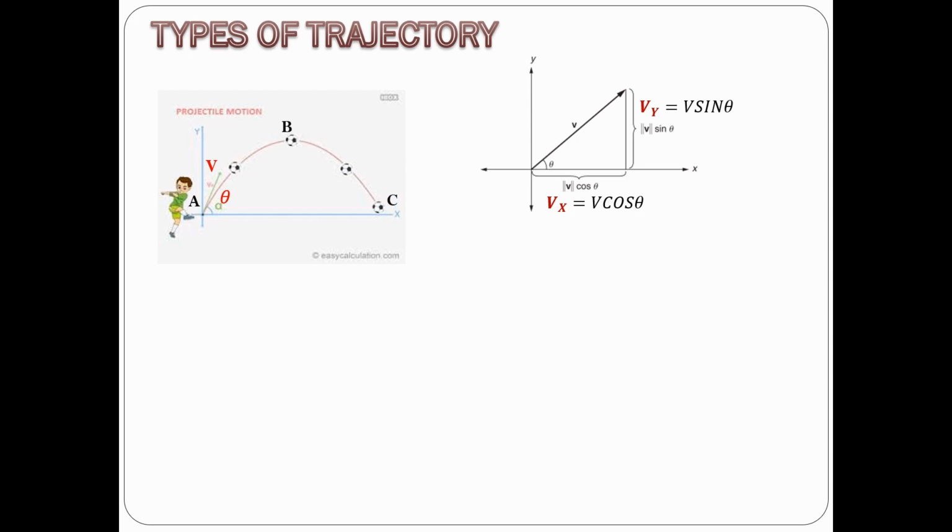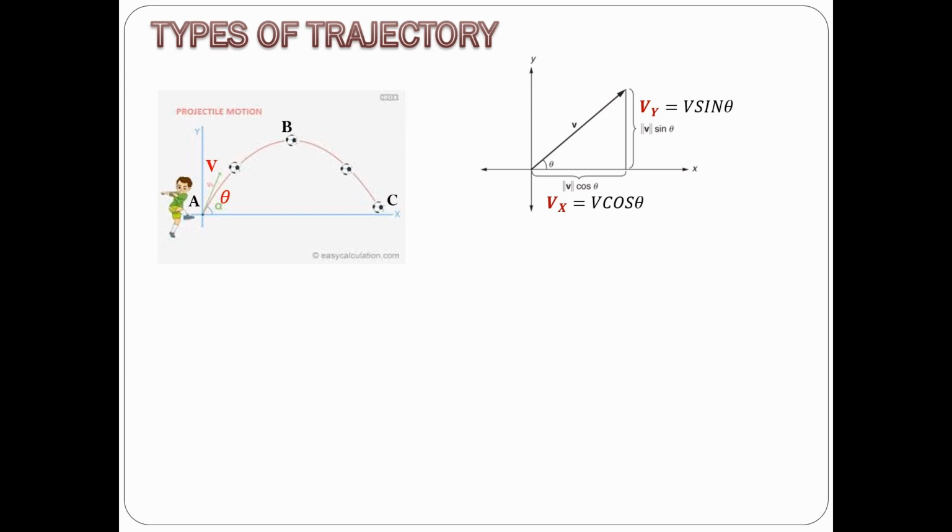Now let's assign point A, point B, and point C. What is the equation that we need to calculate the time it takes from point A to point B, or to reach the maximum height at point B?